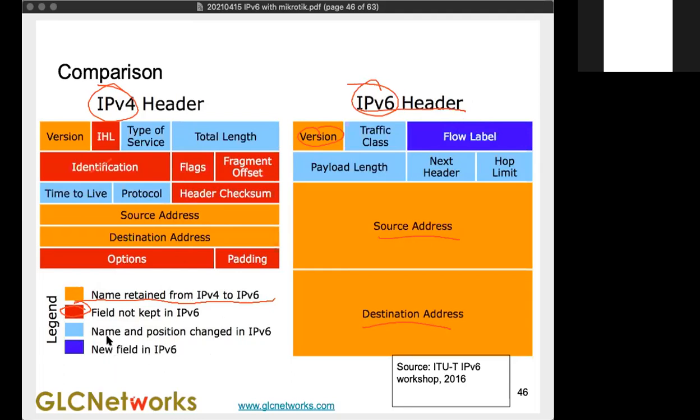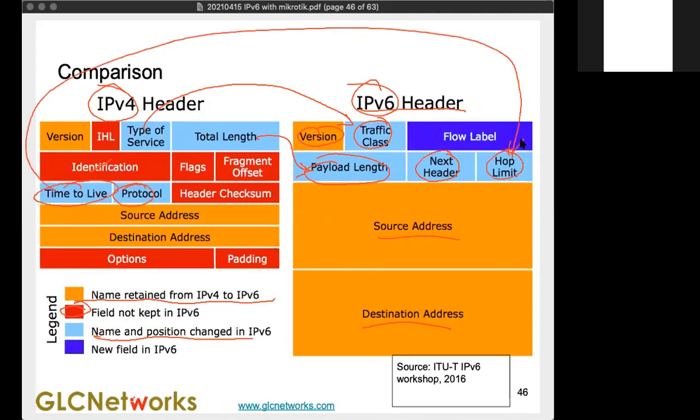Okay, name and position change. So actually here, traffic class is from type of service. Payload length is total length. Next header is the protocol. Hop limit is the time to live. Yeah, time to live is this one, right?